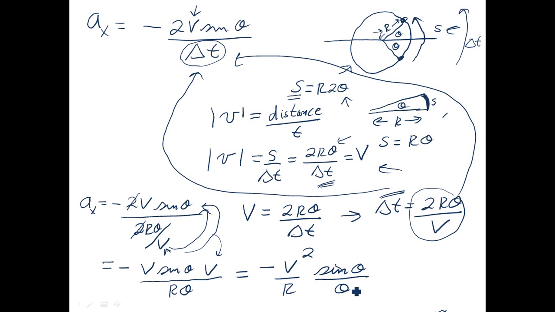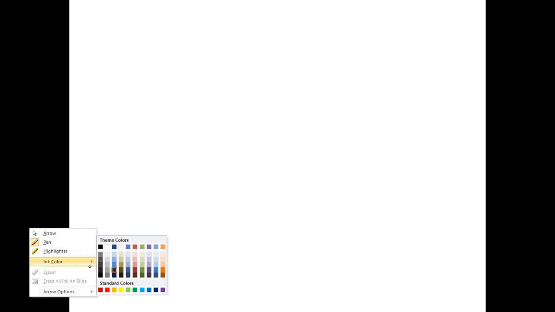So let me go to the next page and write that a little bigger, a little clearer. So we have discovered that a_x is equal to minus V squared over r, sine theta over theta.